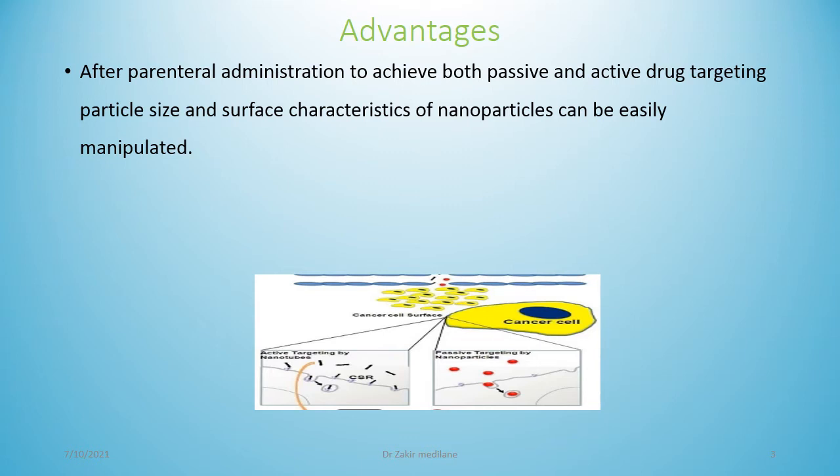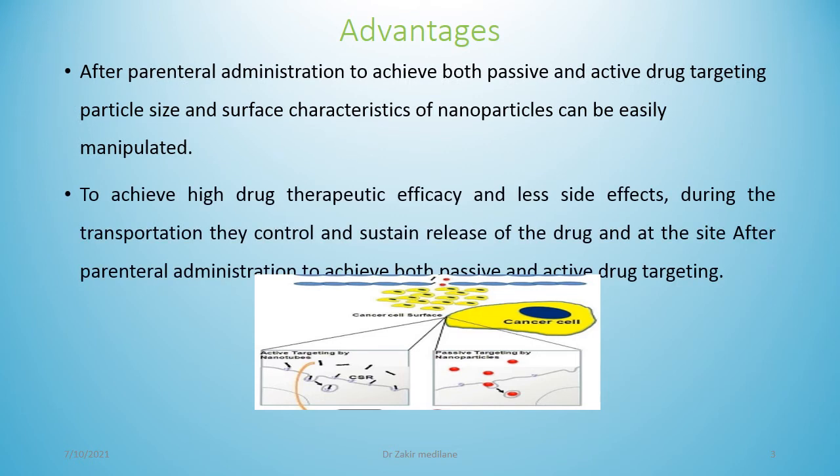Then going to the next slide, number 4. Here is another point: to achieve high therapeutic efficacy and fewer side effects during the transportation, they control and sustain the release of the drug at the site after parenteral administration, to achieve both passive and active drug targeting.